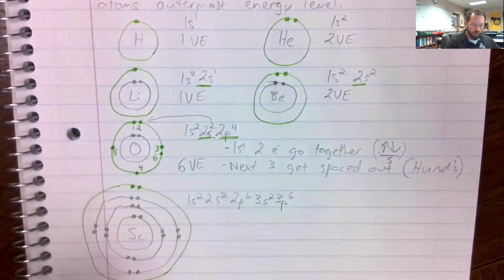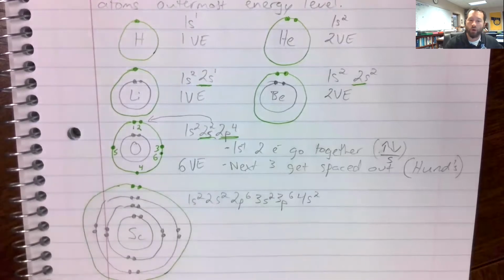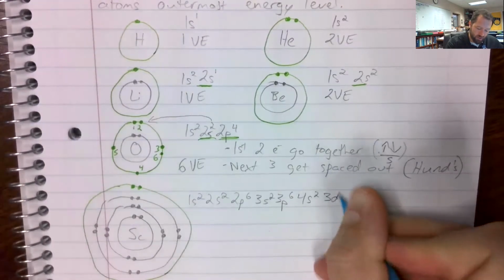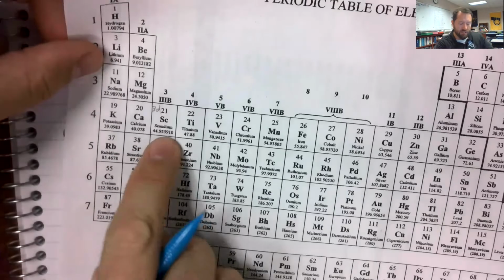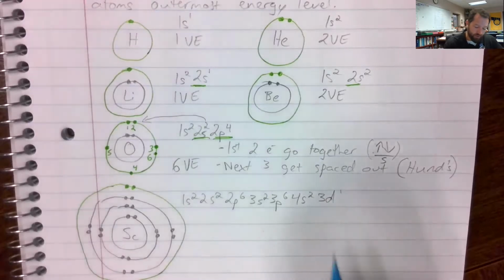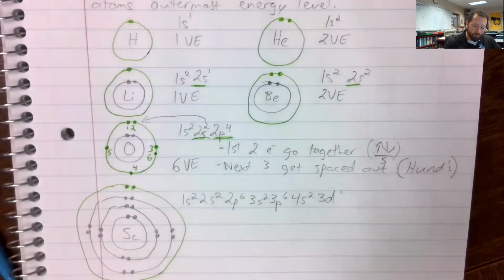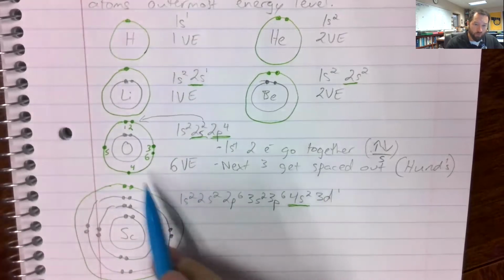So we say 4s2, and now we have to stop and think, what happens after 4s2? We go to 3d, and we're going to stop right there. That's where scandium is. It's 3d1. So 3d1, just 1 electron. But the important part is we went back to the third energy level. We have the fourth energy level open.